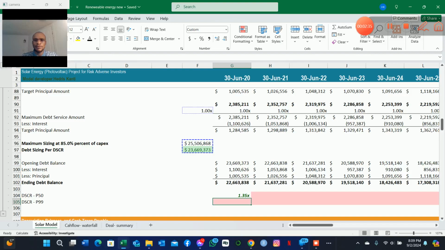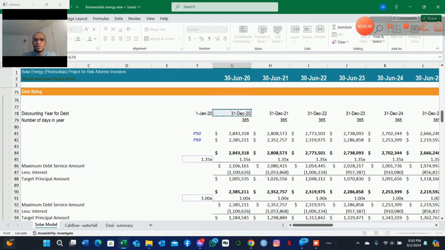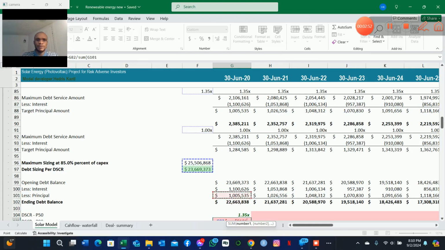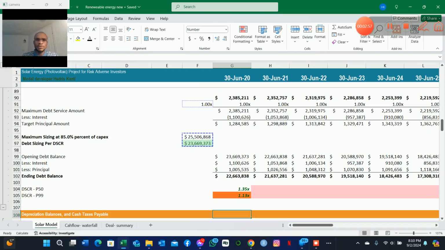We press enter, and then we do the same thing for the P99. It's going to be equal to the EBITDA here divided by the sum of the principal and the interest. We have the number there in place.